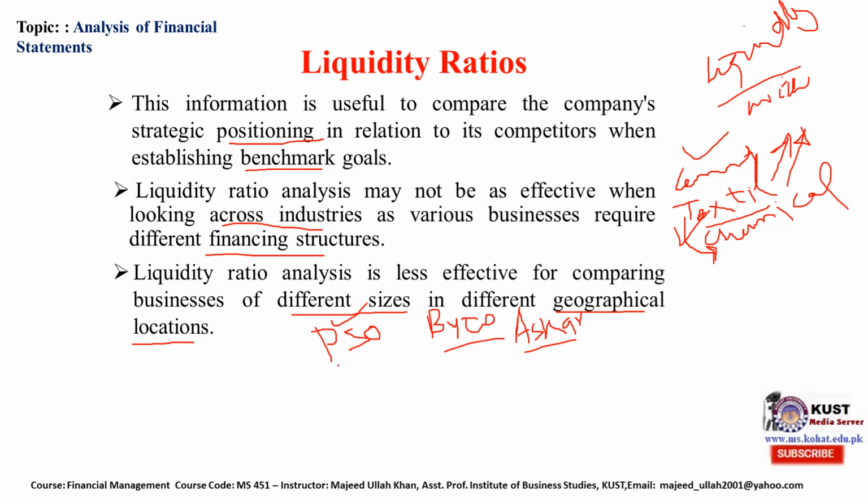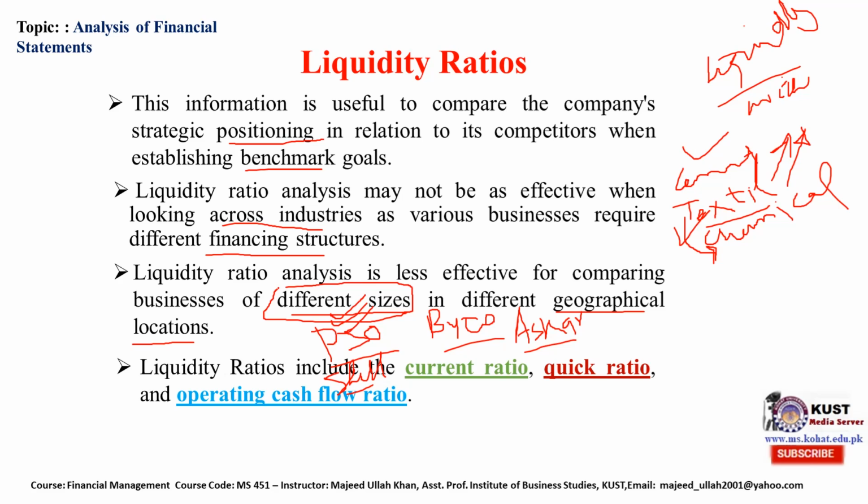But again, we cannot compare PSO with BICO because it involves a lot of employees and regulations. PSO has more resources than BICO and other companies, so we cannot compare PSO with these two. We may compare PSO with Shell, which is a multinational company with huge resources in all countries. BICO and Oscar may be comparable with each other. So firms of different sizes cannot be compared.